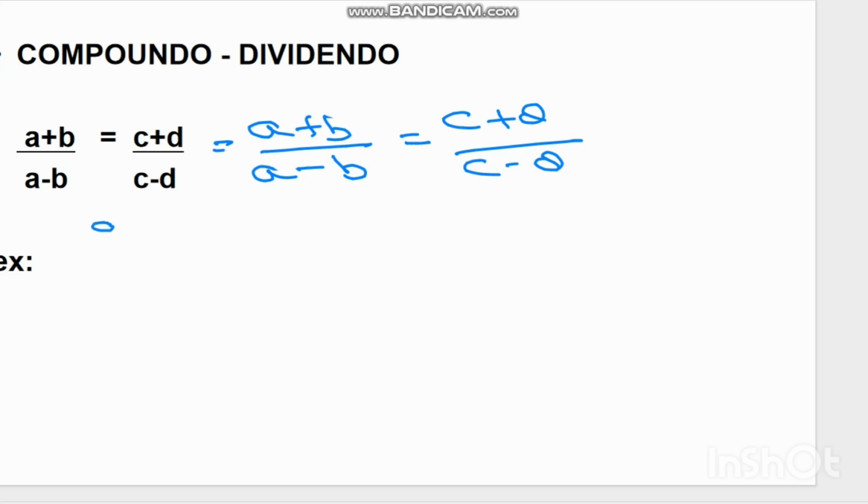Let us take an example: A by B equal to 1 by 2, C by D equal to 3 by 6.